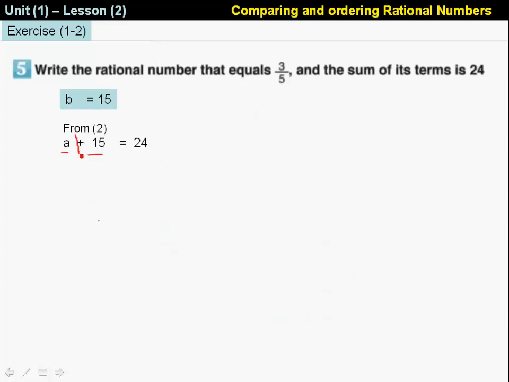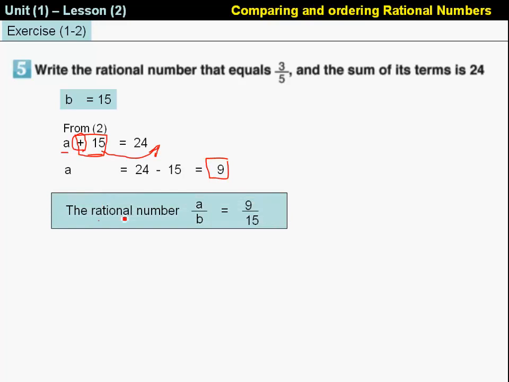This plus 15, we want to move it to the other side. So if we move it, we have to replace its sign. The sign here is plus, it will become minus. So a is equal to 24 minus 15, which is 9.